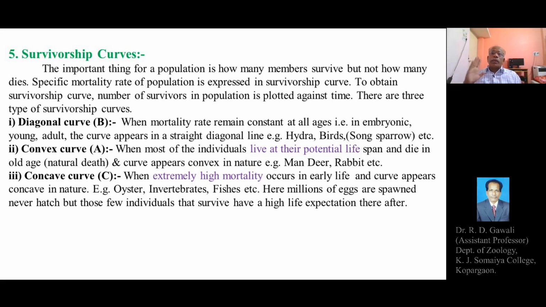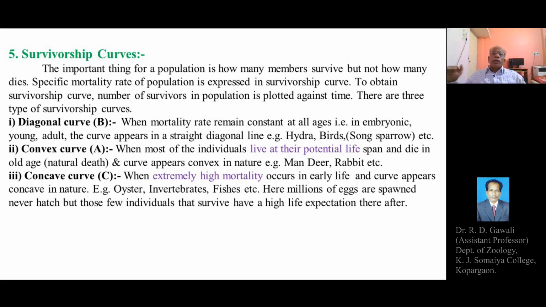Here, millions of eggs are laid or spawned and never hatch, but those few individuals that survive have a high life expectancy thereafter. Means, in this case, the curve appears to be concave because of high mortality rate. Extremely high mortality or death occurs in a population in early life, that is in the embryonic stage or in the young stage, and the curve appears to be concave.